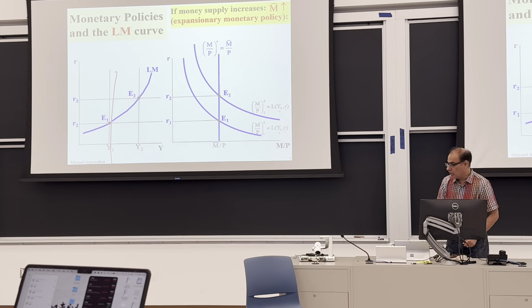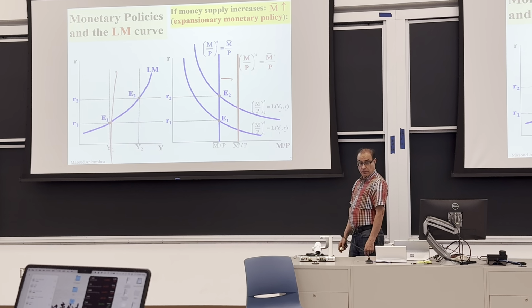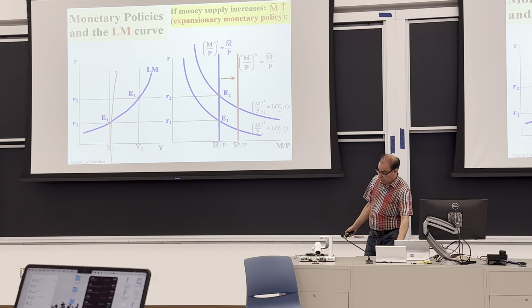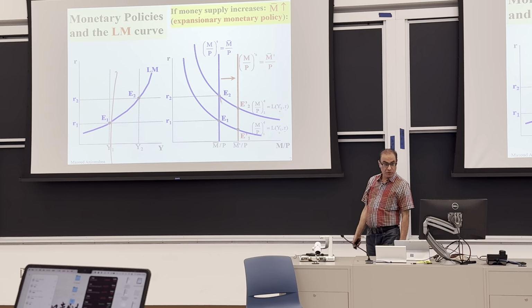One supply curve, then the central bank increases money supply. Is that right? Yes? So now look at that. If you were at this equilibrium, you end up here. If you were here, this equilibrium, you end up here. Let me show you. See here? Yes, everyone? It doesn't matter how many demands for real money you have.